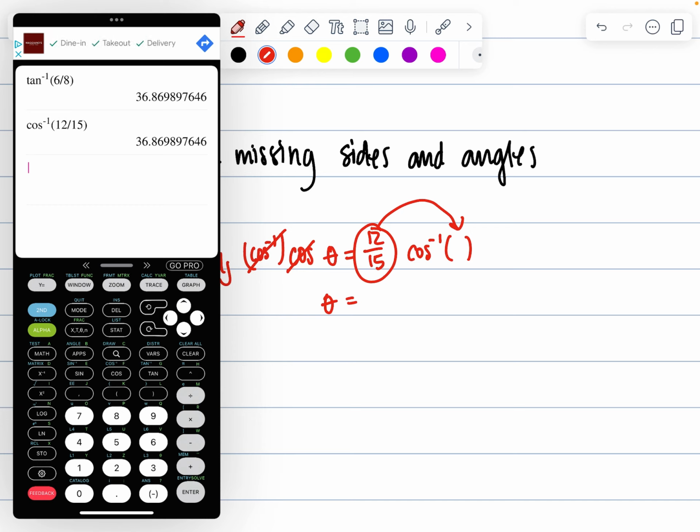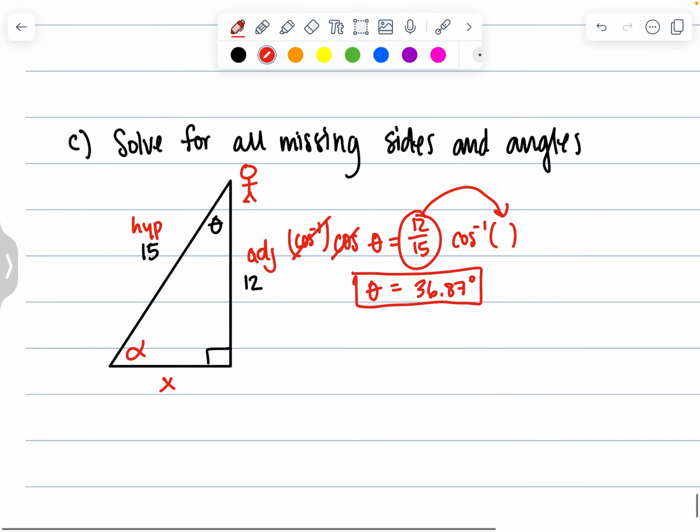I'm going to write this as, well, ironically enough, it's the same angle from above. And that's not a coincidence. 36.87 degrees. And that should be an approximation.